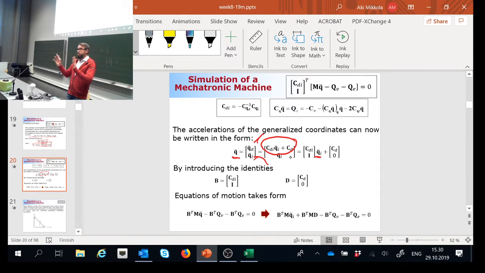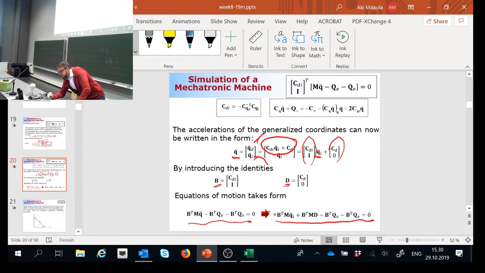The final step is that I'm calling these matrices by different names. I'm going to call this B, for a reason that is unclear. I don't know why it is called B, but I'll call it B to keep things clear and simple. And this I'm going to call D. Using these notations, my equation of motion can be expressed as shown here.